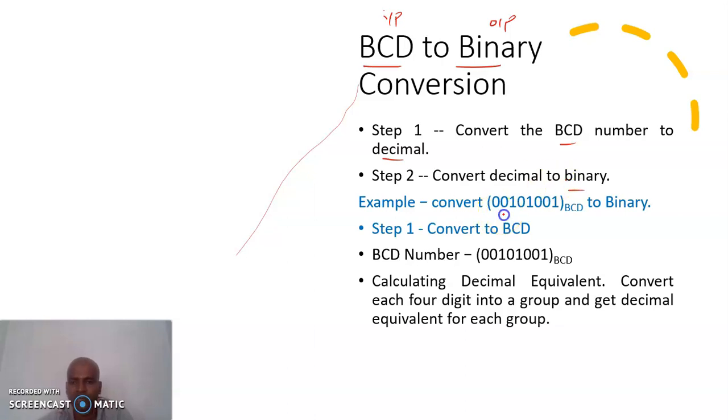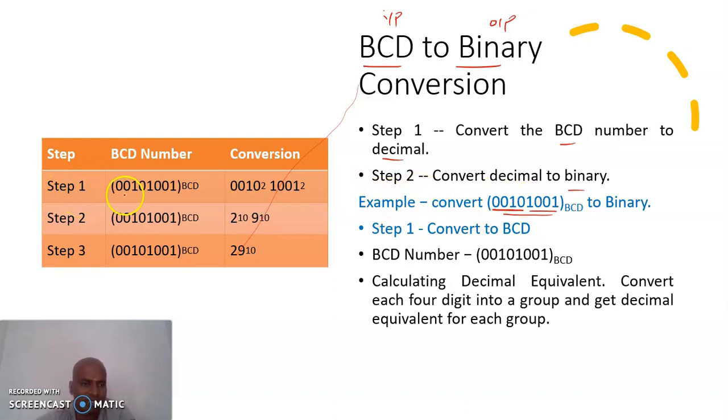The example is 00101001, which is in BCD format. BCD means the first 4 bits represent 1 digit and the second 4 bits represent another digit. The first 4 bits are the number 2 and the second are the number 9. So this is 29 in the first step.